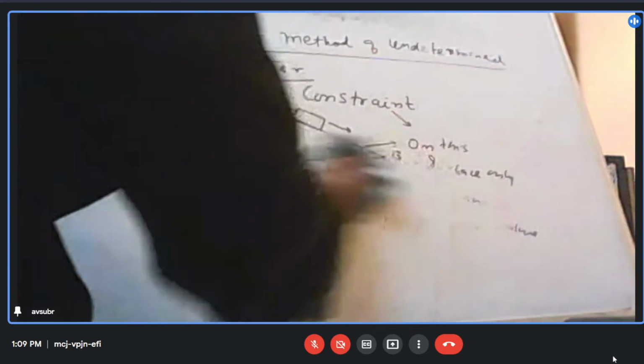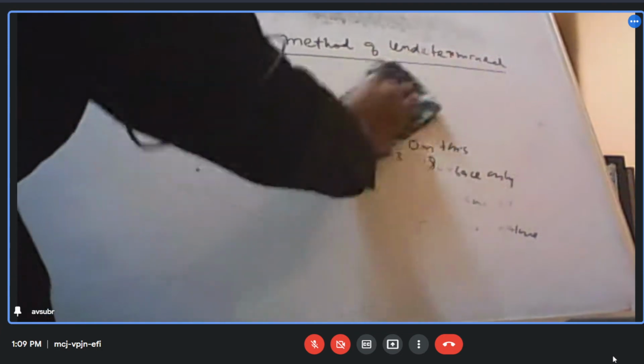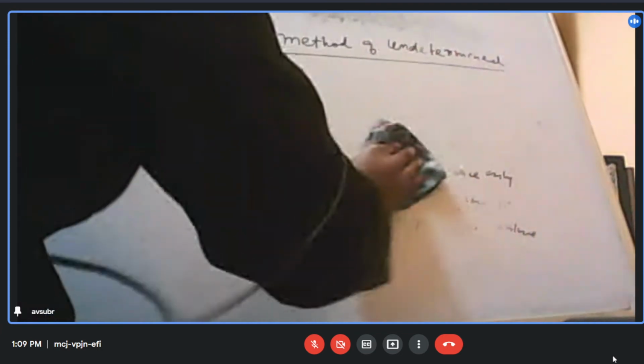So now, how does this method work? We have seen just the examples of constraint. Actually, such types of constraints will be there.